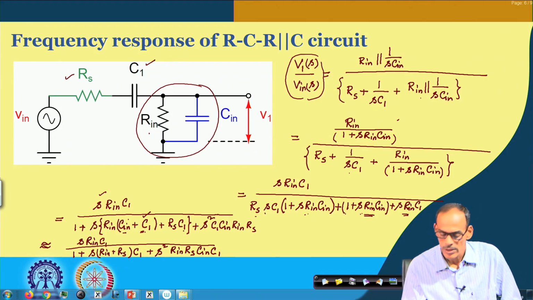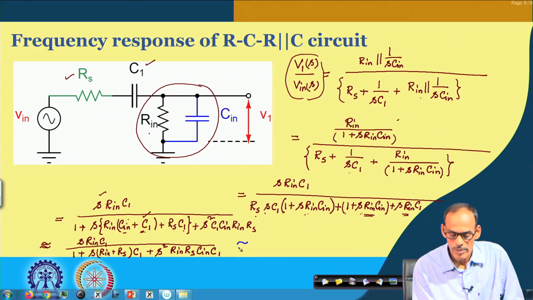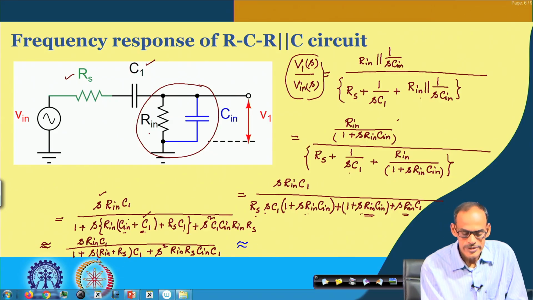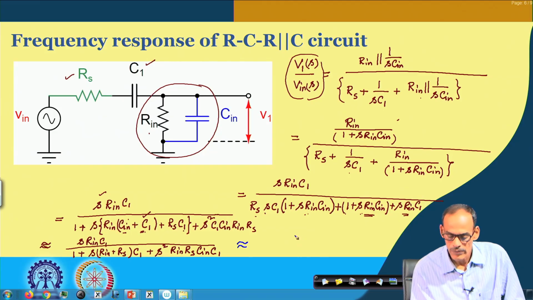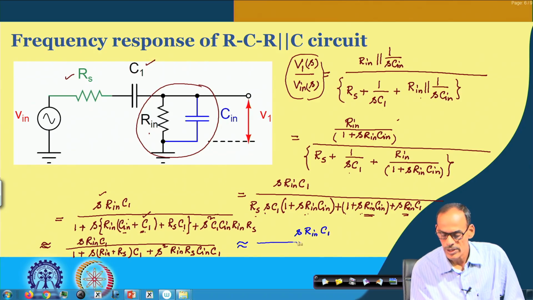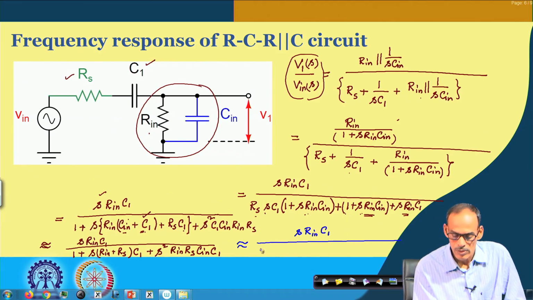In fact, this can be well approximated by considering 2 factors, and if I consider typical values, again we can make some valid assumptions to simplify the denominator, and we get 2 factors.